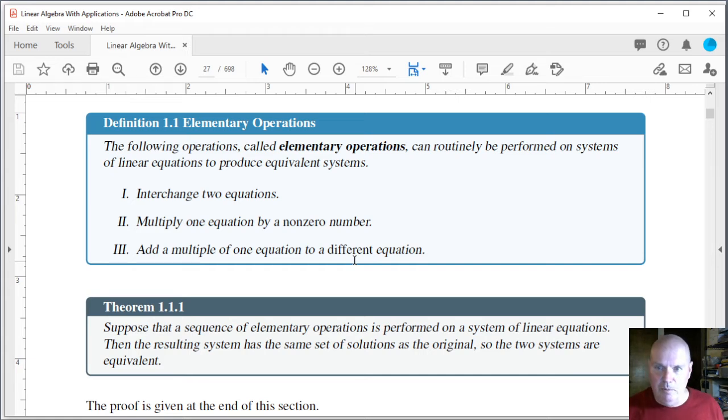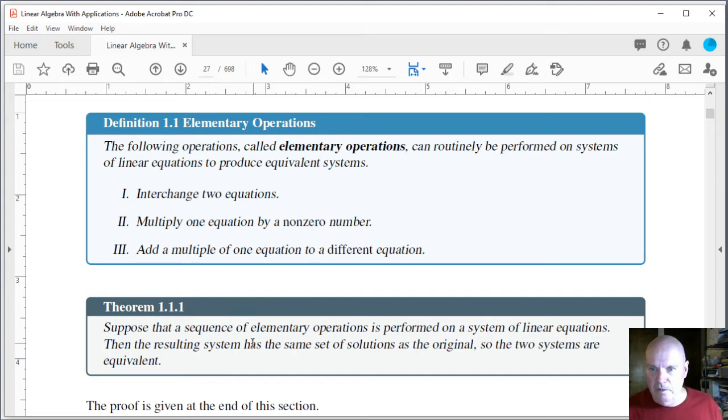So the elementary operations that we're allowed to perform are: we can interchange two equations, we can multiply one equation by a non-zero number, and the third one is the most complex. We can add a multiple of one equation to a different equation, and this maintains the equivalence.